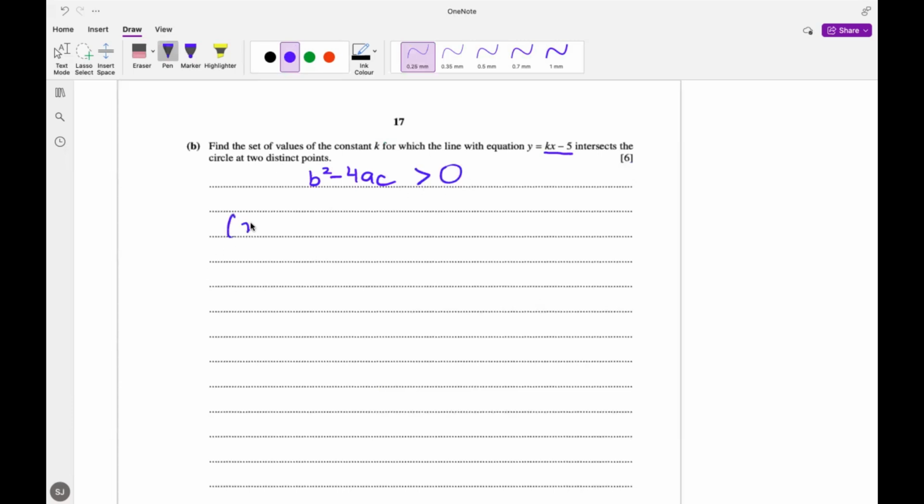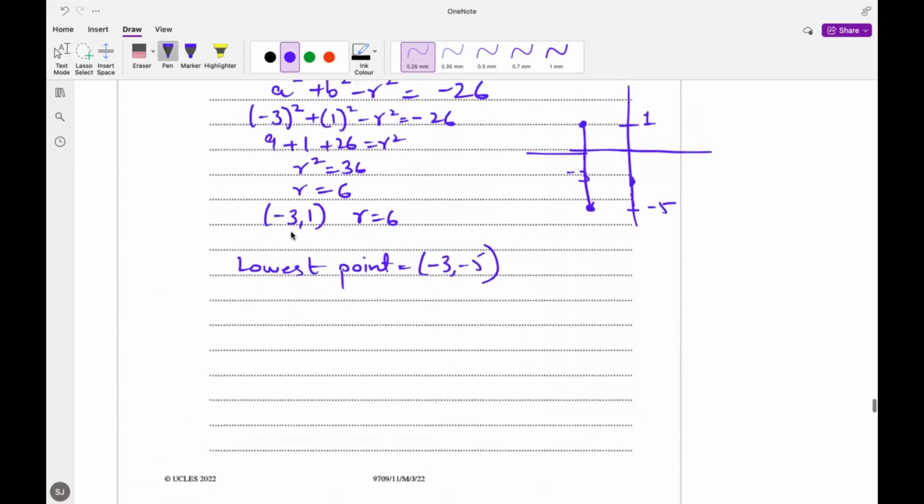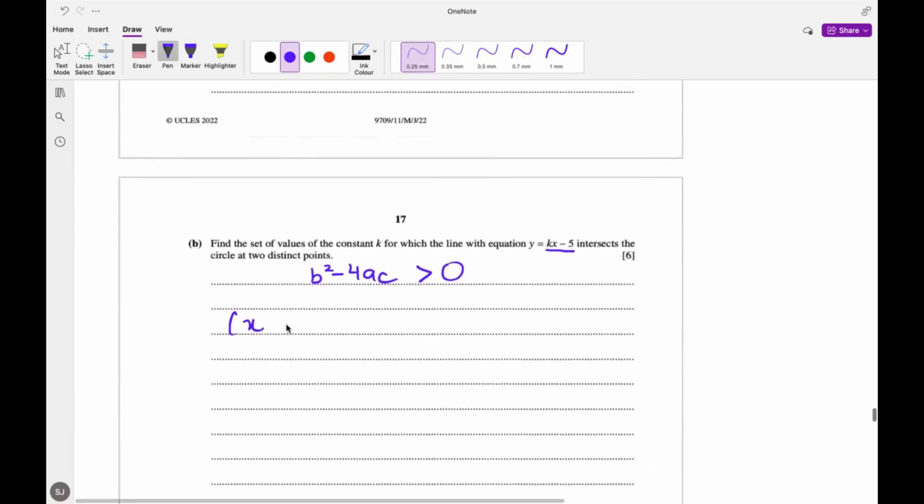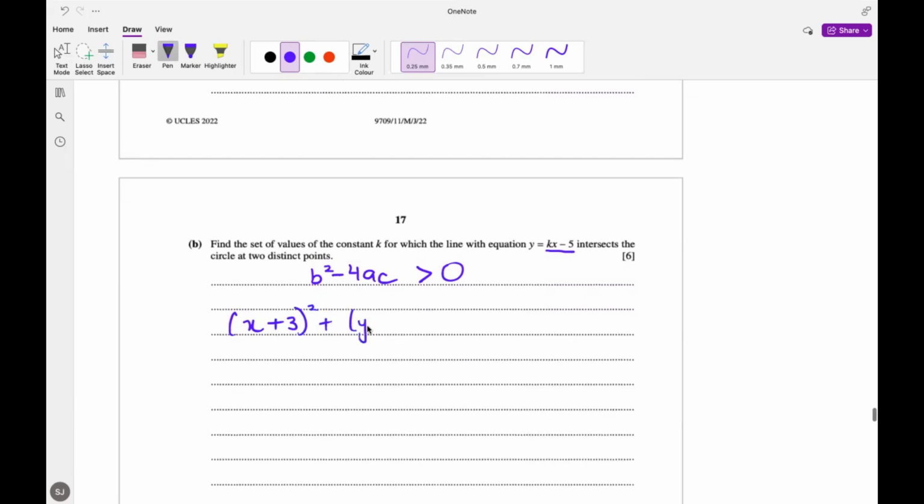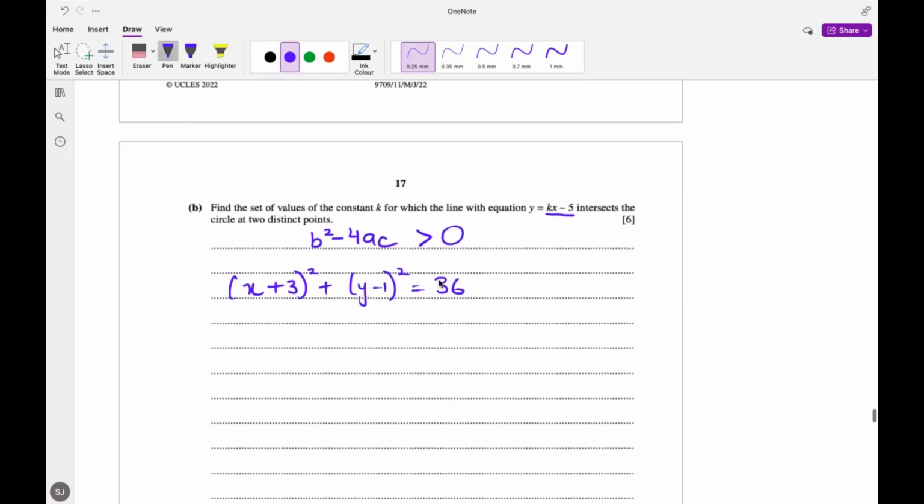So first writing the equation of the circle, the center point was minus 3 and 1. So we'll write it as (x plus 3) whole squared plus (y minus 1) whole squared, and that will be equal to 36. Now we'll replace y over here with kx minus 5.